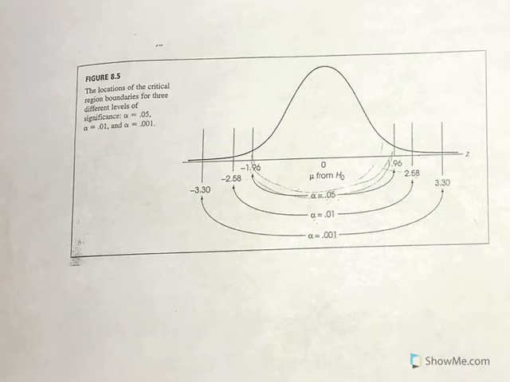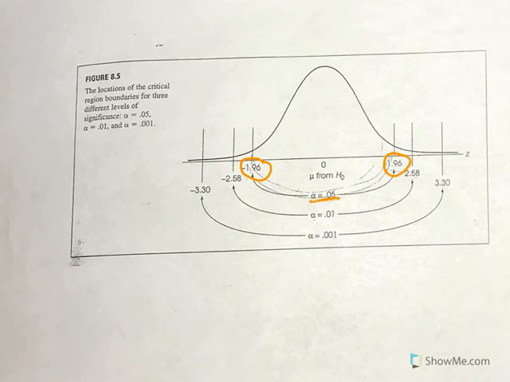These are levels of significance. On this chart where alpha is 0.05, you have something called critical boundary areas. The critical boundary areas for 0.05 would be from negative 1.96 to positive 1.96.